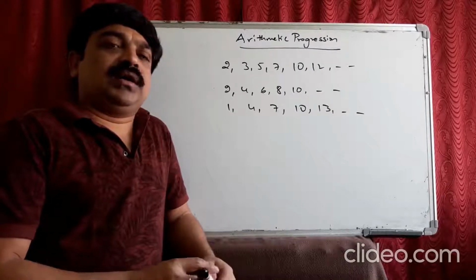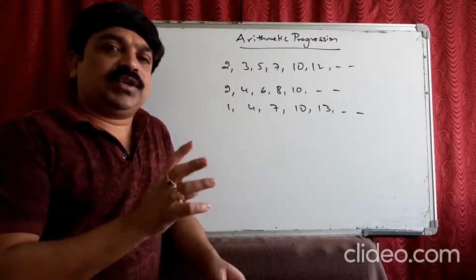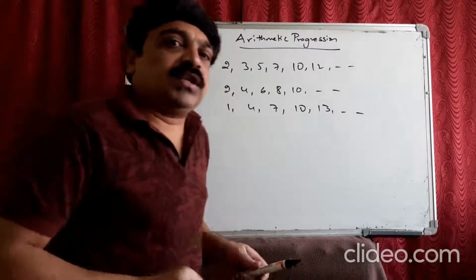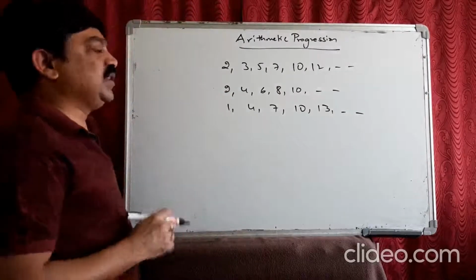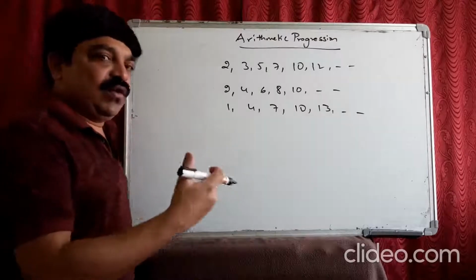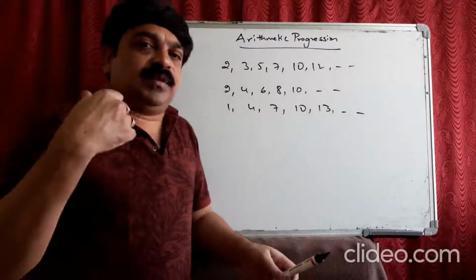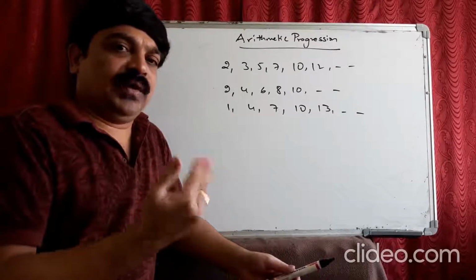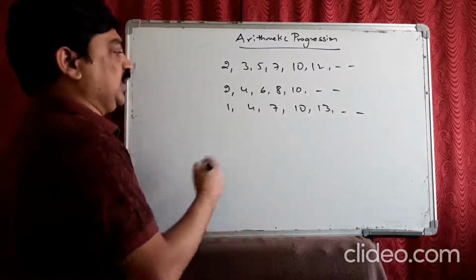These are called arithmetic progression if they satisfy a particular condition. What is that condition? The successive numbers should follow a particular rule of adding or subtracting.